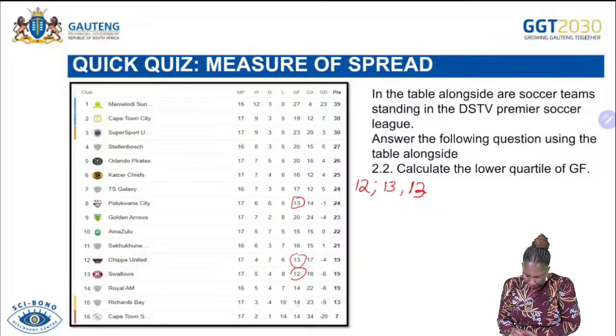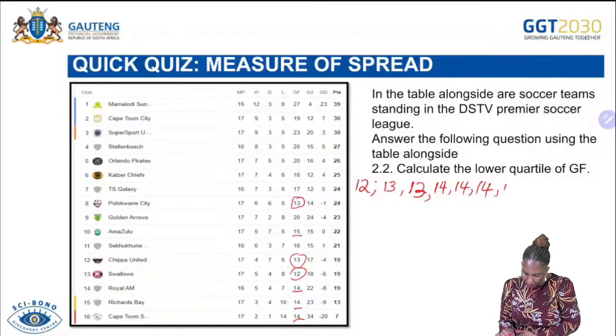Then followed by 14. How many 14s do we have? We have 1, 2, 3: 14, 14, 14. Is there any other 14 at the top? No. It's followed by 15.